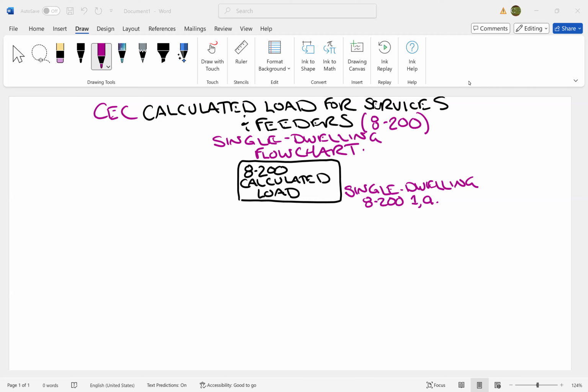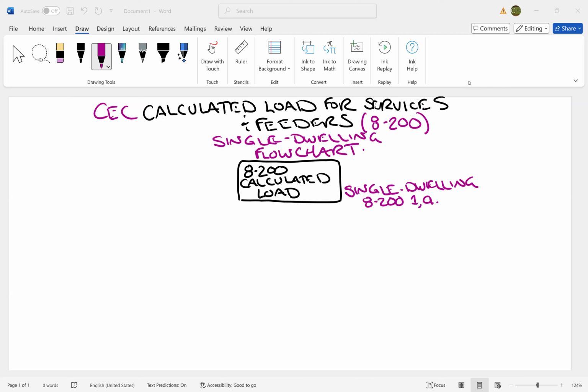Now, let's look at an electric range. Do we have an electric range? Yes or no? Because you don't necessarily have an electric range. Let's get fresh new colors. If no, I have no electric range, that means 0 watts for your stove. It's probably a gas range at that point.